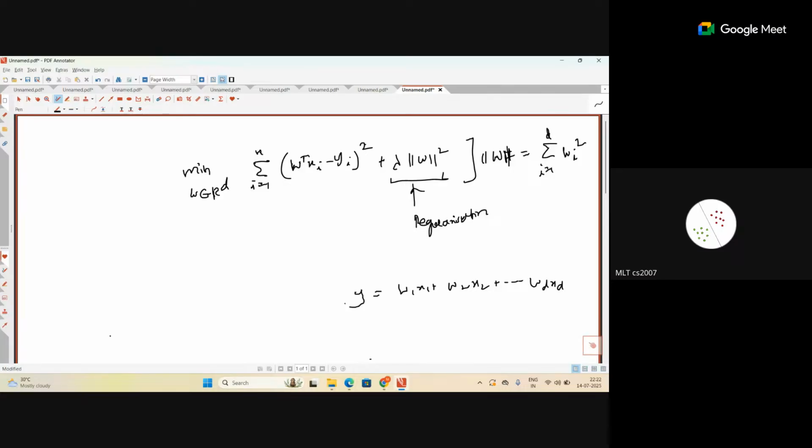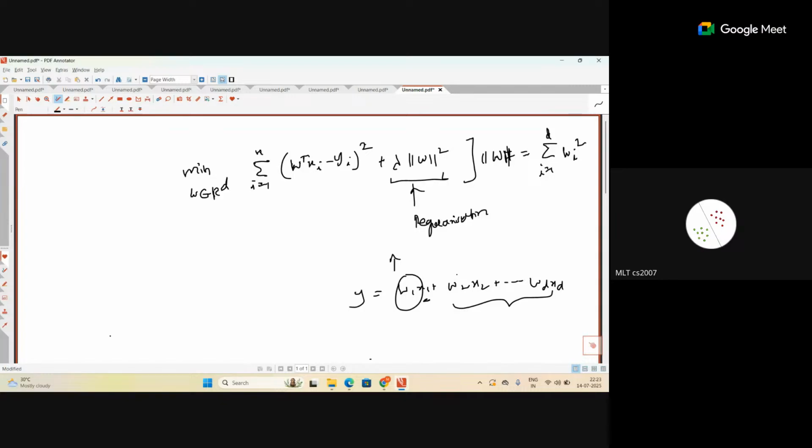But let's say w was too high for this feature, and for the remaining features w was very low. What does that mean? You are actually discarding the remaining features. You're not giving them sufficient weight in your linear regression problem.